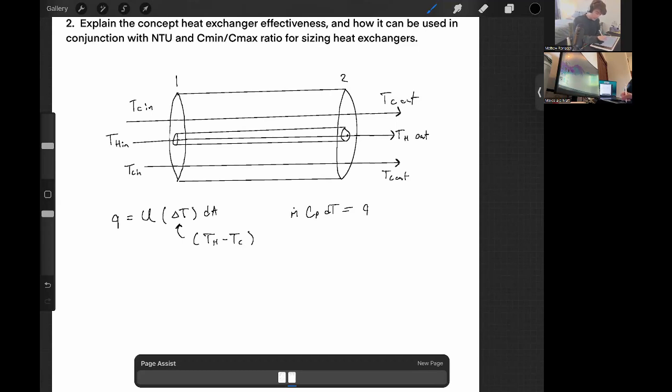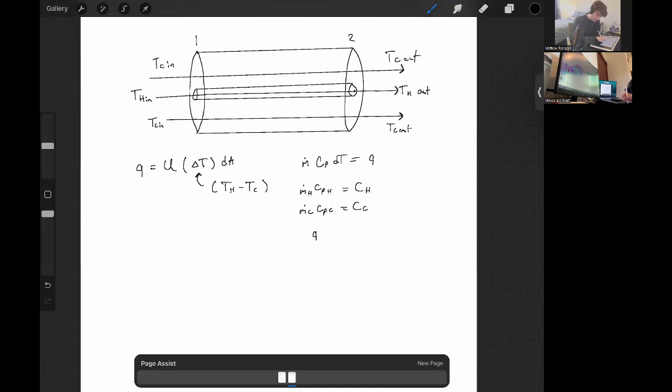For the mass flow rate of the hot stream multiplied by the heat capacity of the hot stream, we're going to call this heat mass transfer flow rate C_H. We're going to do the same thing for the cold current too, and call this C_C. Now we simplify to an expression where Q equals C_H multiplied by dT of our hot line and C_C multiplied by the change of the cold temperature.